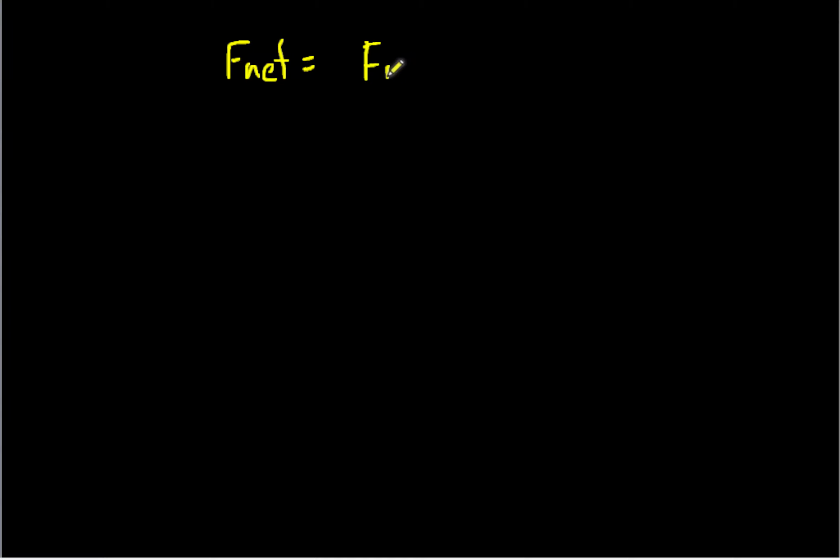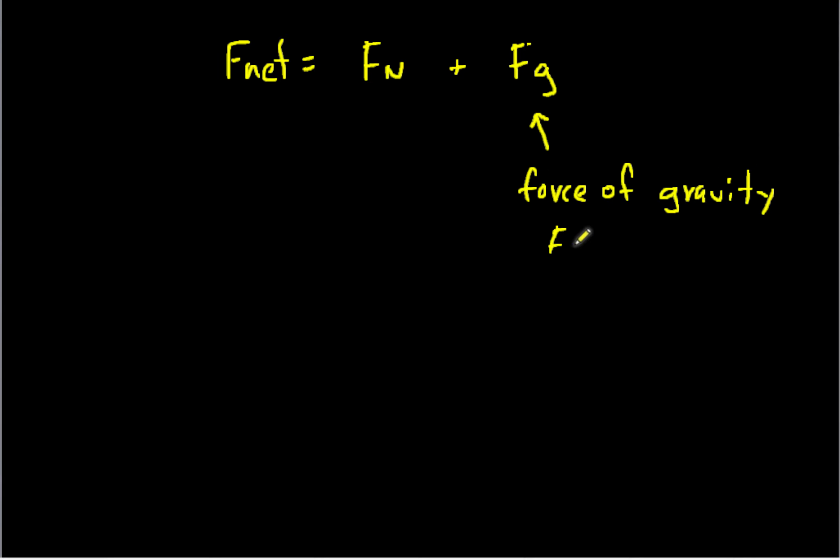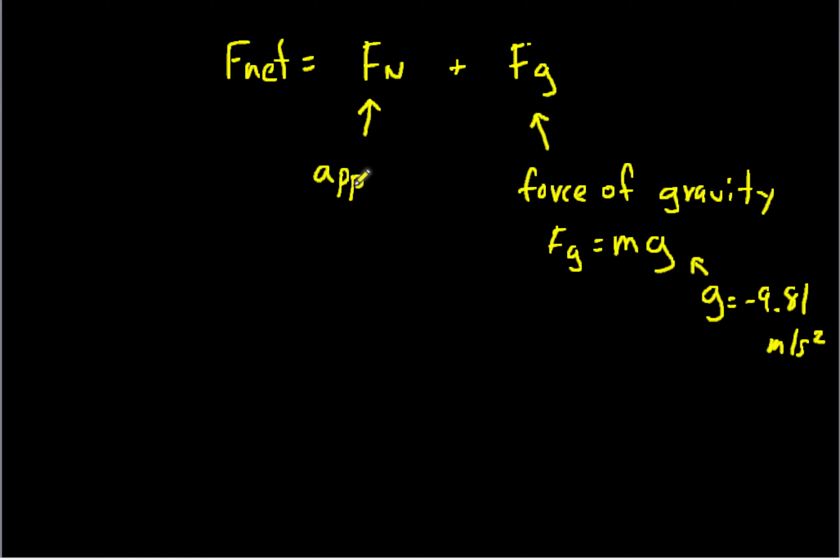Fnet is Fn plus Fg, where Fg is m times little g, the force of gravity. It's important to remember that in this situation, g is negative 9.81, negative because the 9.81 meters per second squared is down. Fn is the apparent weight on the object.